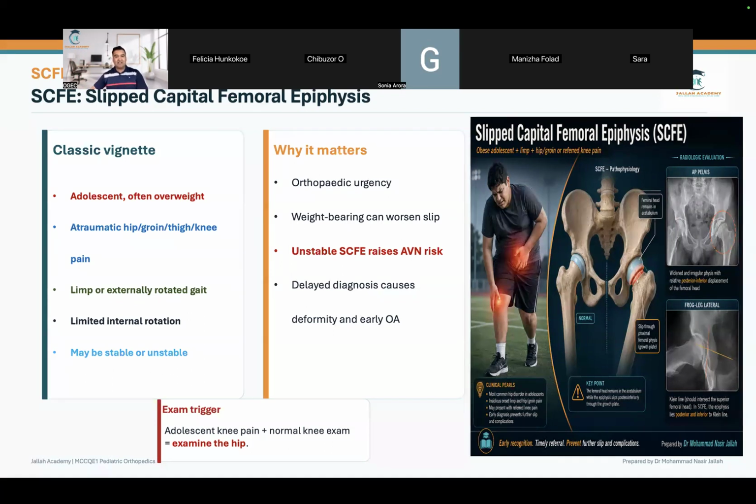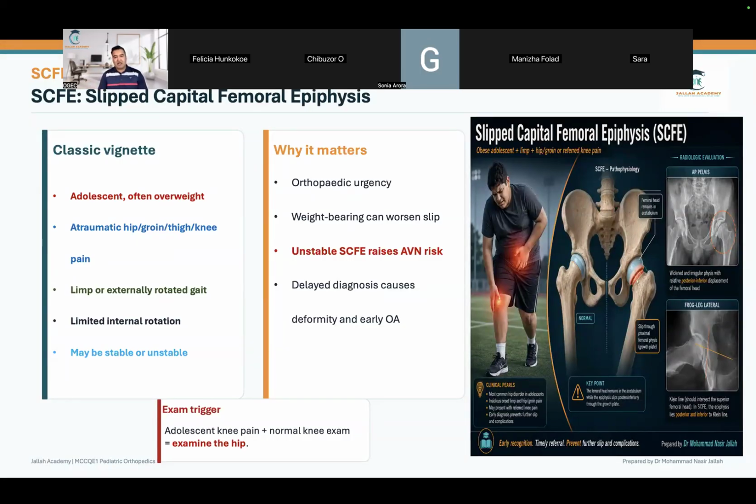The pain in the thigh and in the knee is referred pain originating from the hip. The patient is limping and the leg is externally rotated, so the patient cannot do internal rotation. They might mention the leg is externally rotated, or they may mention restricted internal rotation. Either way, you have to remember this.